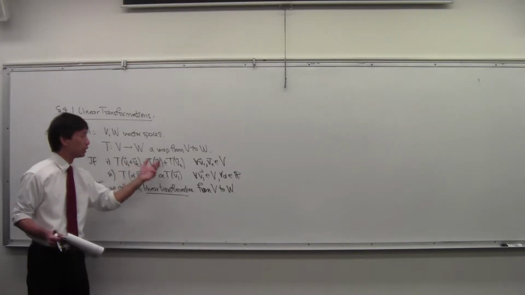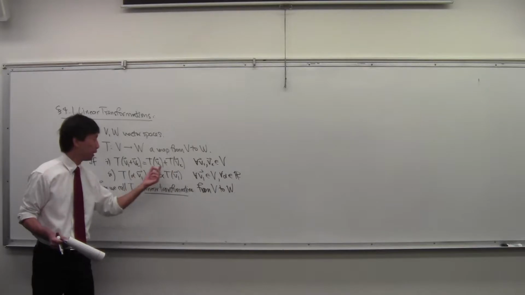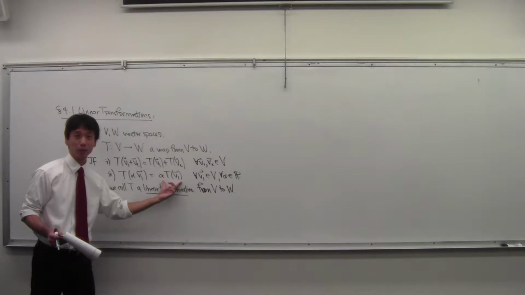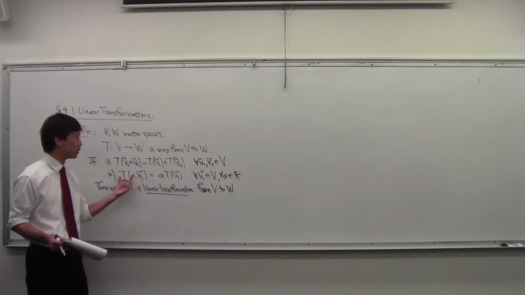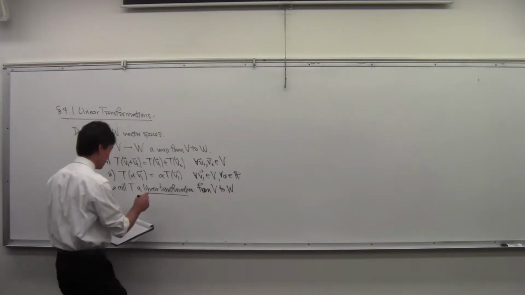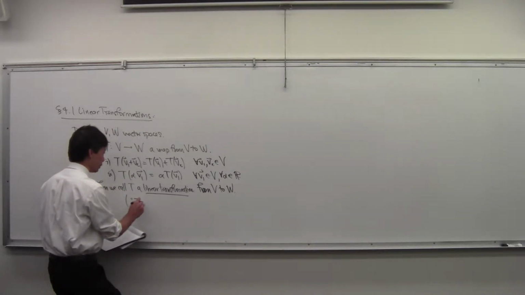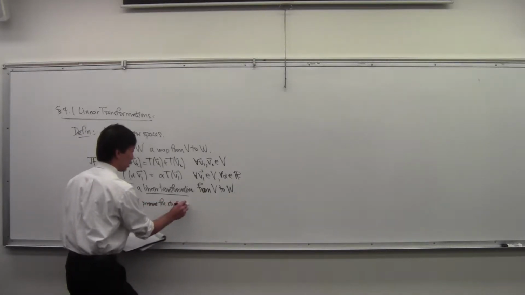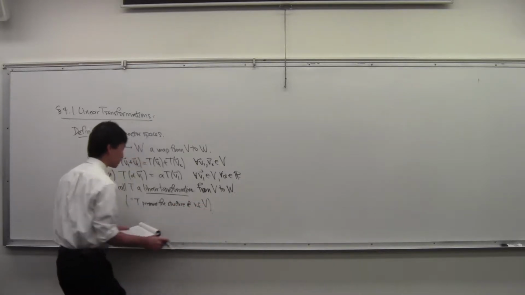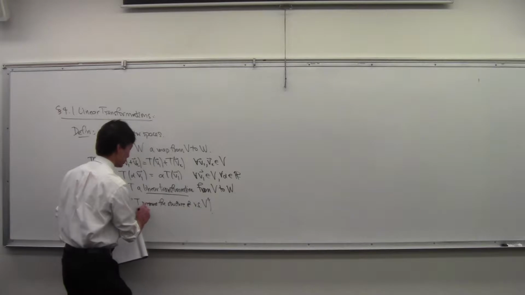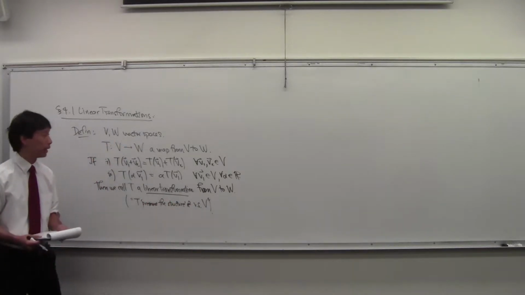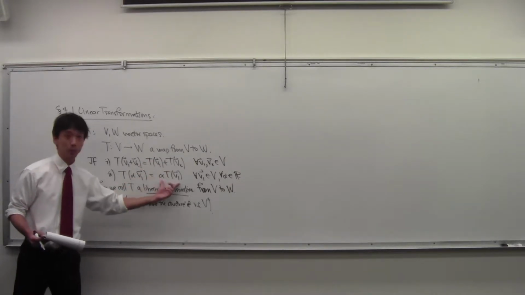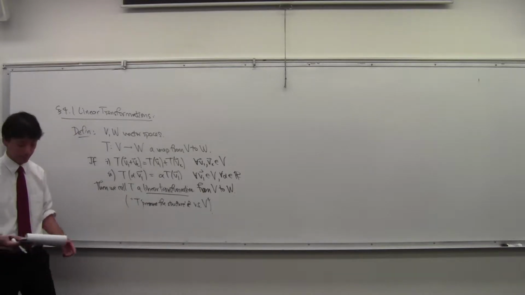The addition in V gets changed into the corresponding addition in W. And similarly, the scalar multiplication in V gets changed into scalar multiplication in W. It gets preserved by the map. One way that people say this is that T preserves the structure of the vector space V. The addition in V gets turned into an addition in W, and scalar multiplication in V gets changed into scalar multiplication in W.